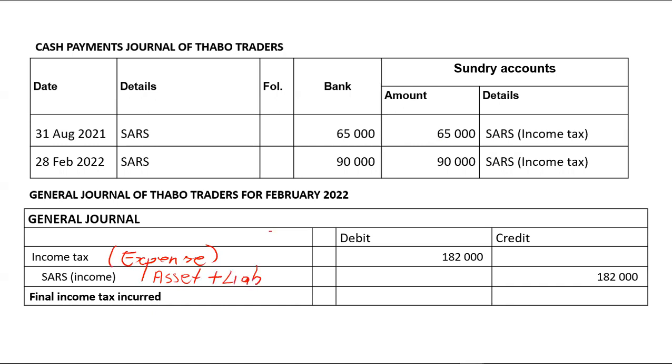Remember, we had SARS income tax as an asset of 155,000, which is made up of the provisional payments we made. However, when you take 182,000 and you minus that 155,000, you will get 27,000.